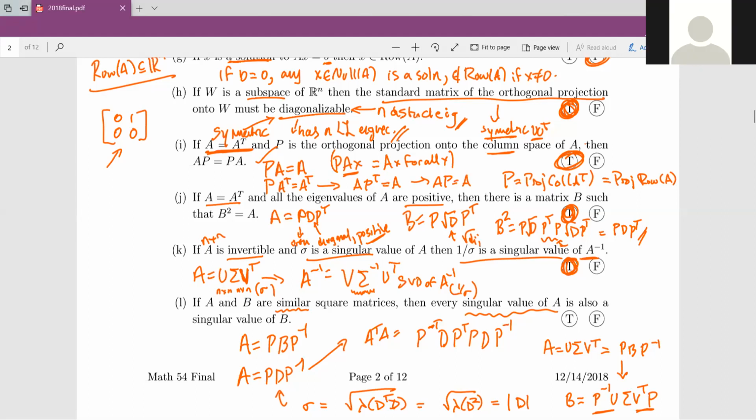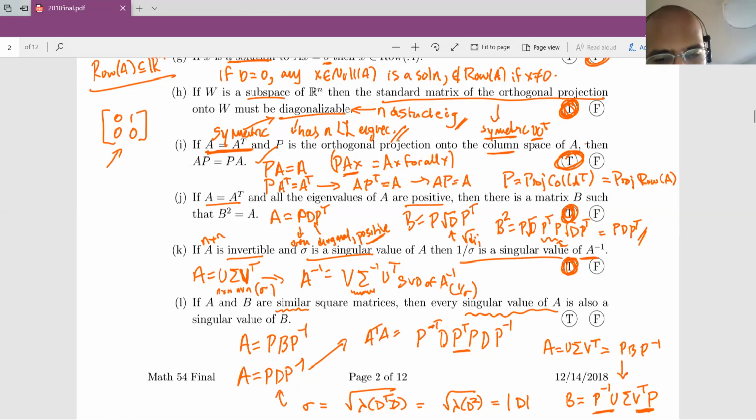But we can't assume that P is orthogonal, right? Exactly. That's the problem. If P is orthogonal, this becomes identity, and then you get the diagonalization for A, which has the same singular values. Again, if P was orthogonal, these would also be orthogonal, and you would be done. But that's the issue. P may not be orthogonal. So that should make you suspicious, right?